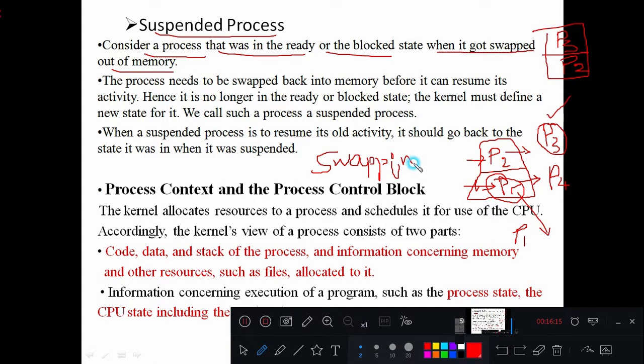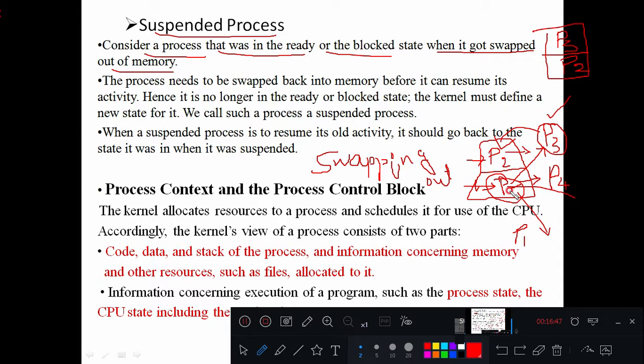So what happens here? P1 is swapped with P3. P2 remains because it is more frequently executed on the central processing unit, and P1 is less frequently executed. So P1 is swapped out and P3 is swapped into the memory. This is called swapping out of the processes.